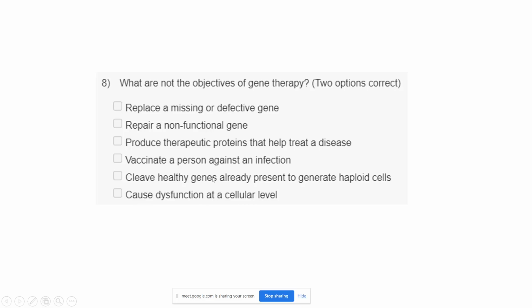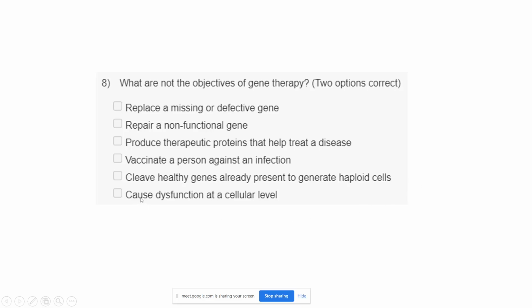So cleave healthy genes already present to generate haploid cells. This is not an objective. It is not used when healthy genes are already present. We don't need to cleave the healthy gene to generate haploid cells.